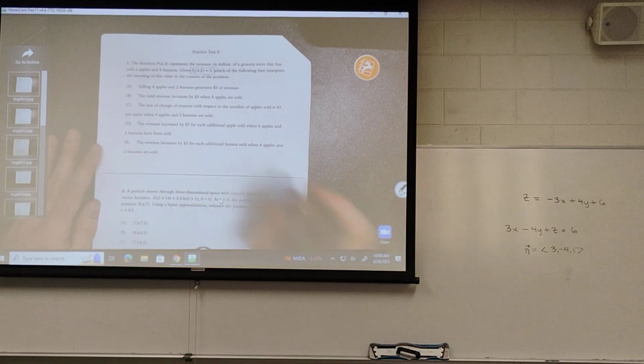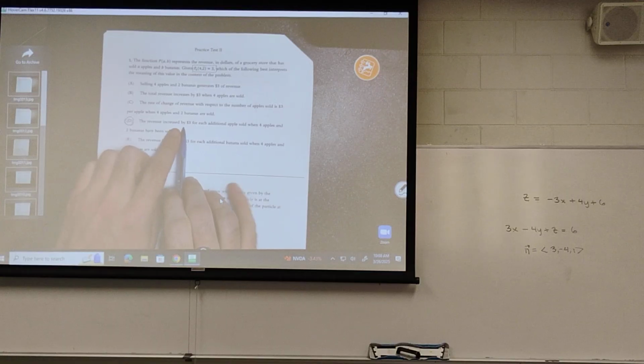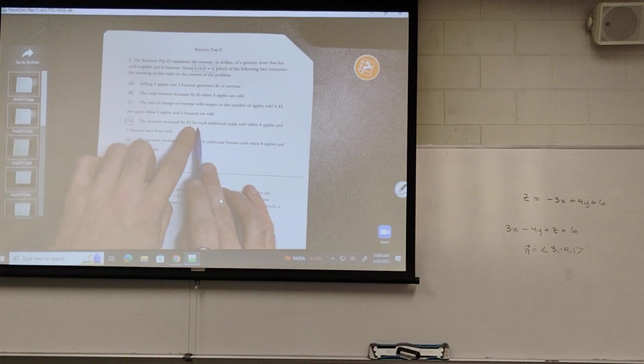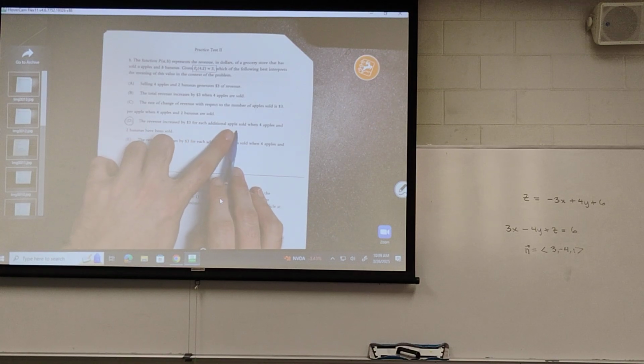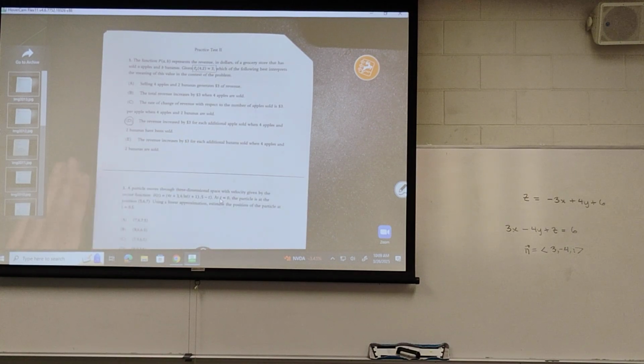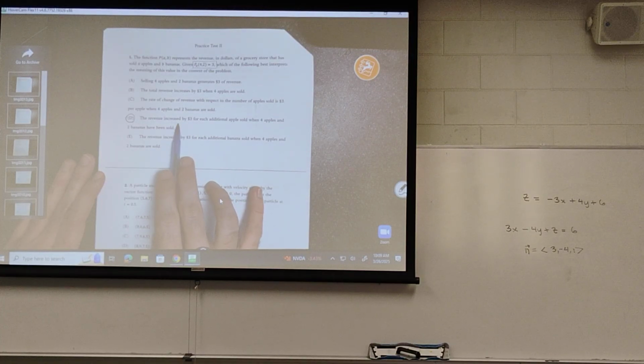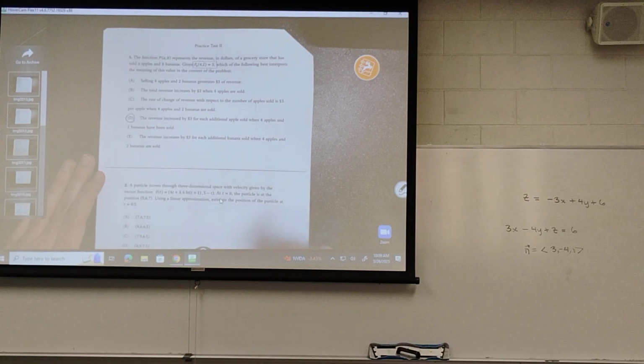D? I like D. It's saying the revenue increased by $3, so there's my increase, for each additional apple. So if you head in the positive apple direction, your function is going to increase by $3 when 4 apples and 2 bananas are sold.